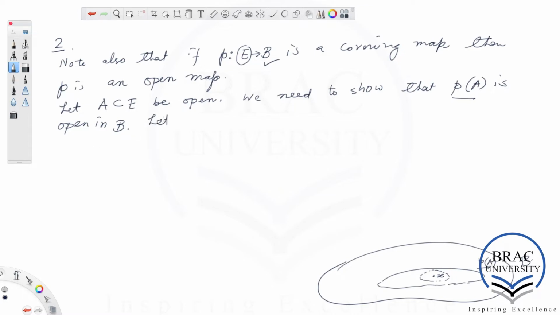Let X belong to P of A, as in the diagram.